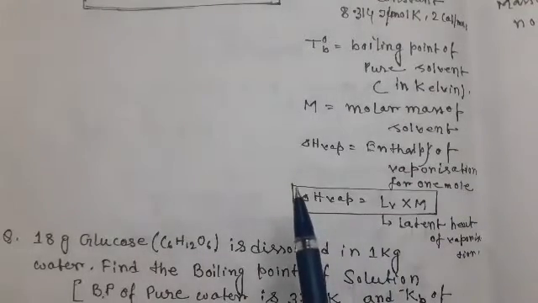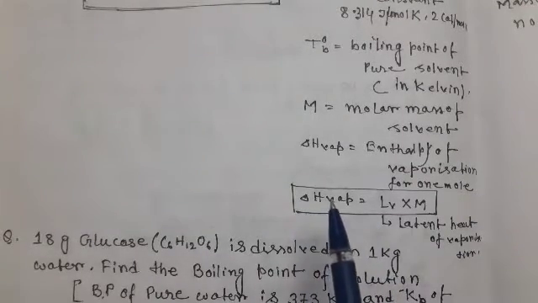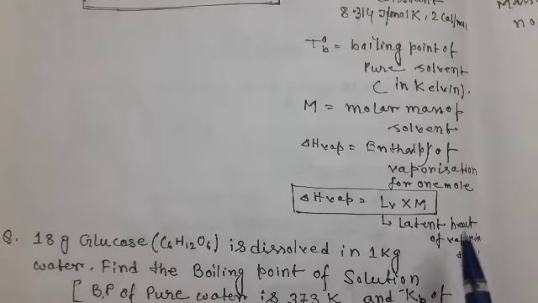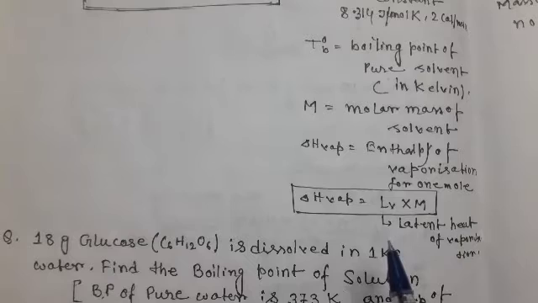And another formula, for the calculation of delta H vap, that is Lv into M. Here Lv is the latent heat of vaporization. What is the latent heat of vaporization? The amount of heat required to convert 1 gram of liquid into vapor without changing temperature.